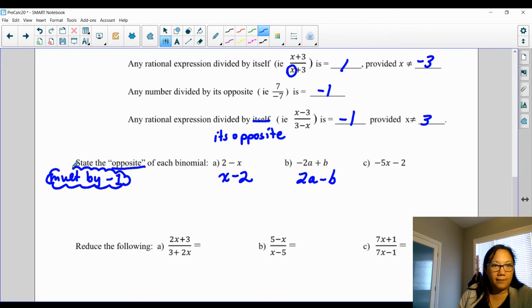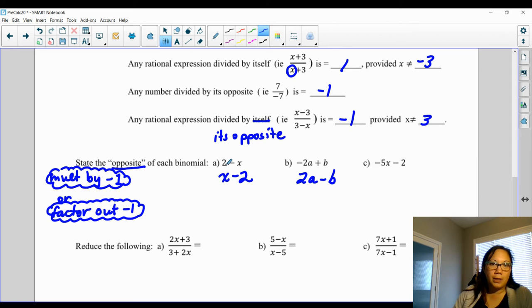Or some people like to think of it as dividing by -1, which would be like factoring out a -1. Either one, it's doing the same thing. When we multiply or divide by a negative, we're changing all the signs. So here we had a 2 that was positive, but now it's negative below. We had an x that was negative, now it's positive in the opposite. So here we change the signs of each. Here, the opposite of -5x minus 2 would be +5x plus 2.